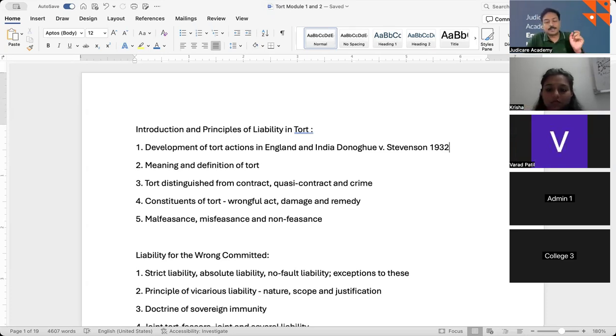Malfeasance is two words. It refers to a performance of an unlawful act or a wrongful act done intentionally that causes harm. Any such performance of an unlawful act or a wrongful act done intentionally that caused harm is called malfeasance.